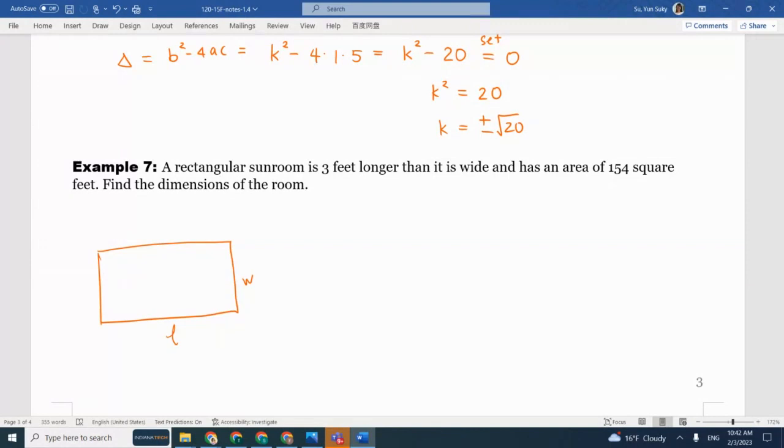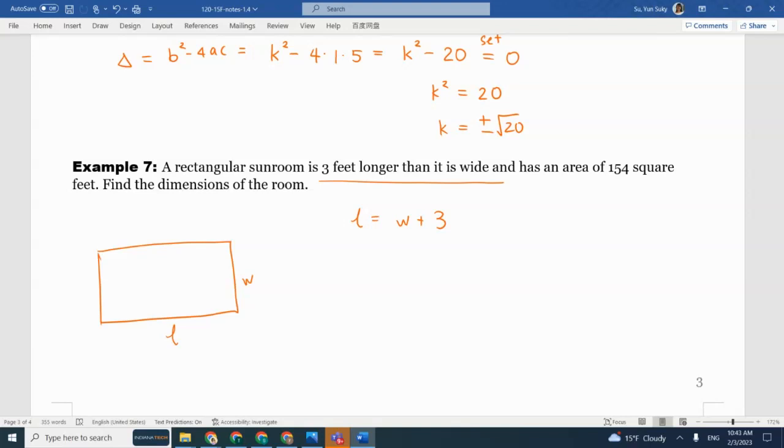Okay, look at the first sentence. The room is 3 feet longer than it is wide. So length is what? The width plus 3. Yes, everybody? The width plus 3. Okay, everybody? That's the first sentence.